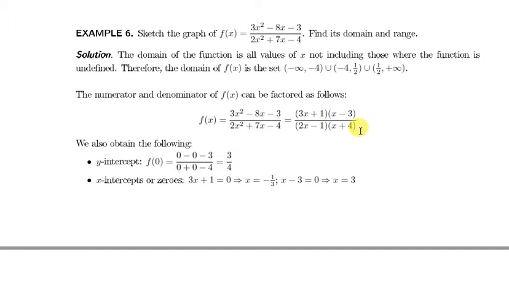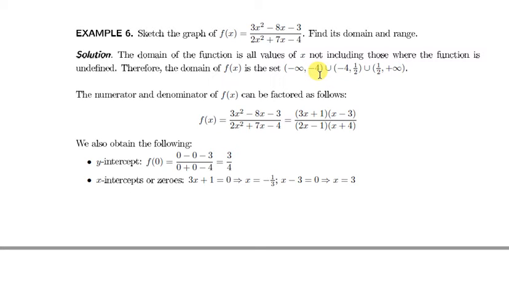Okay, so we can obviously see here the domain. The domain is the set of all real numbers except 1/2 and -4. So kapag isulat natin in interval form, ganito yung ating domain.